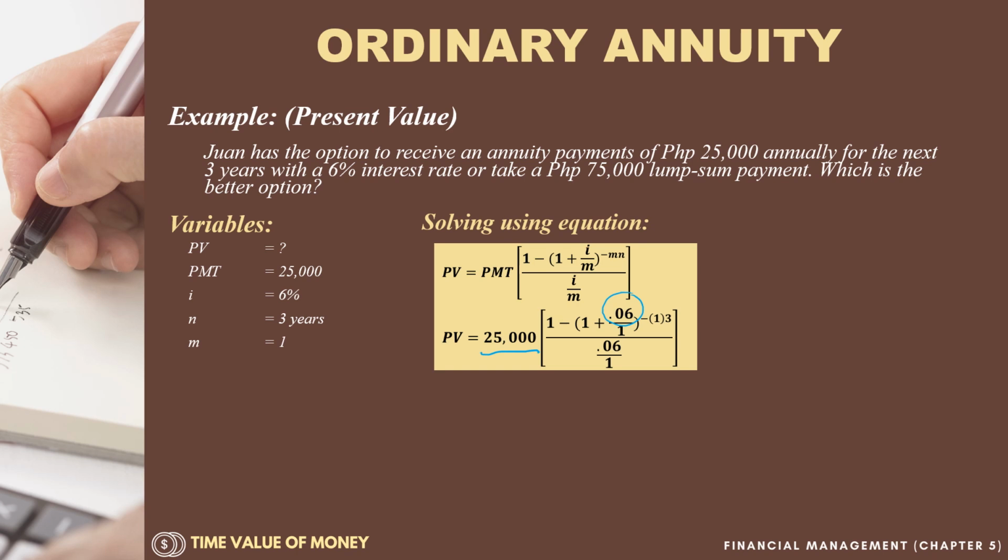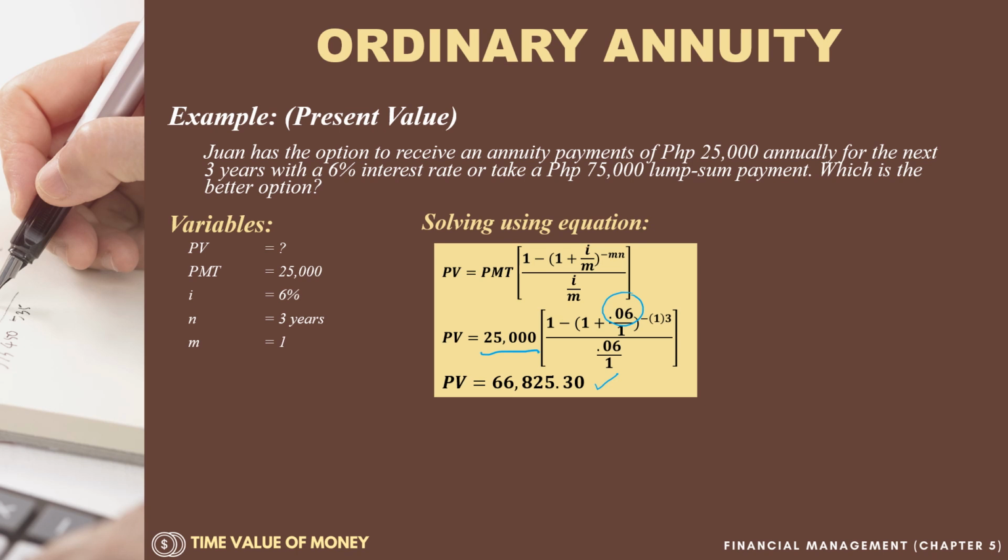So you do the calculation using your calculator, and your answer should be 66,825.30. Now, given this value of the present value, which is the better option?